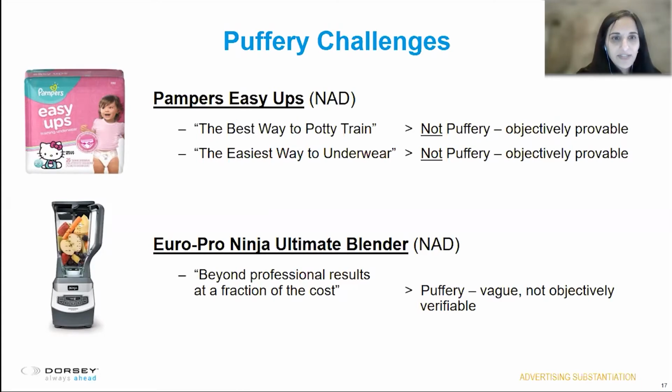They said, of course you can prove this. If you're saying the best way to potty train is Easy Ups versus other competitive products, you could do some testing. Just because the testing is difficult, because you'd have to use toddlers, home diaries and ask moms questions, it doesn't matter that it's difficult. You could still do it. So it is objectively provable.